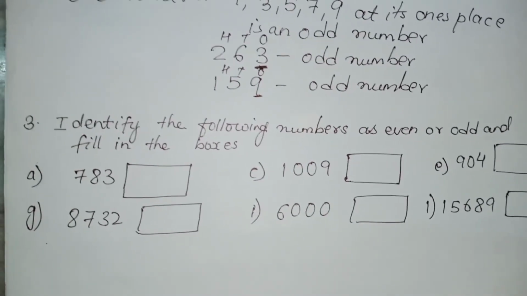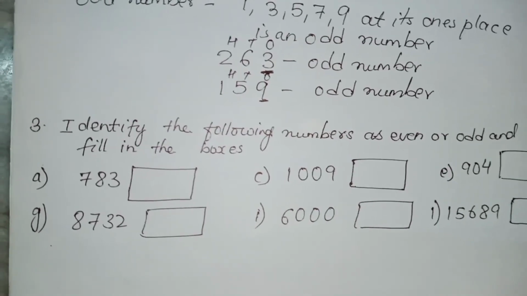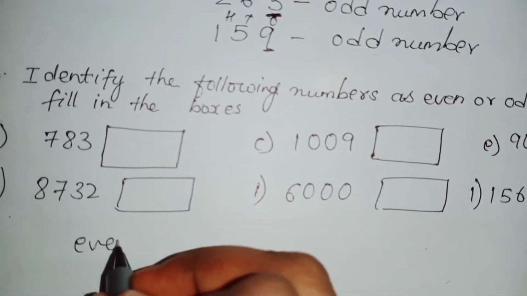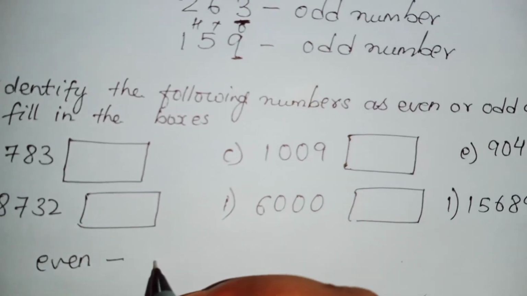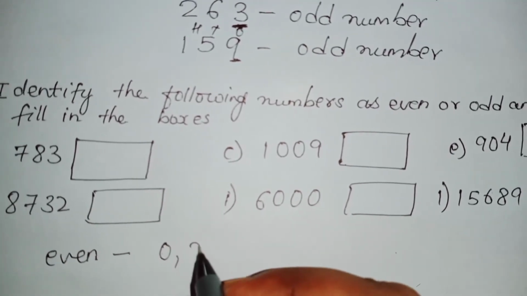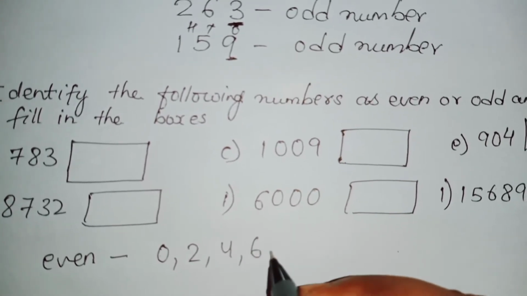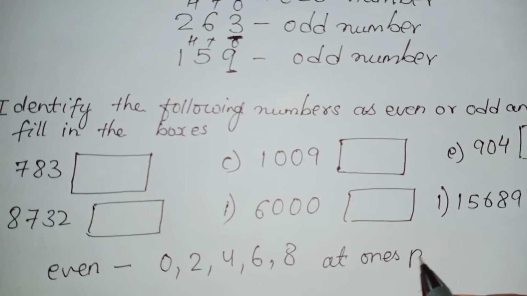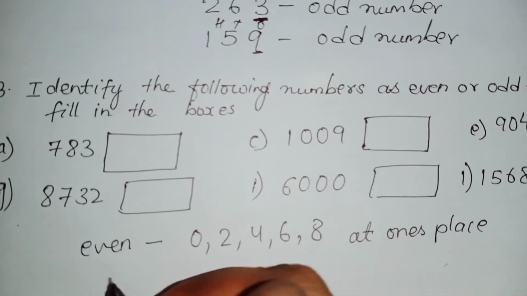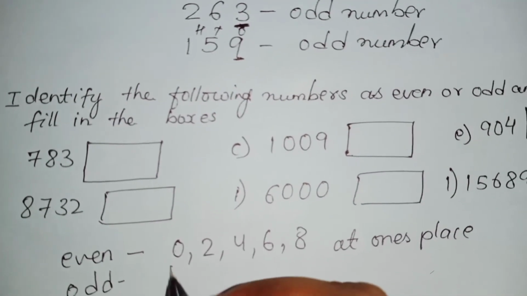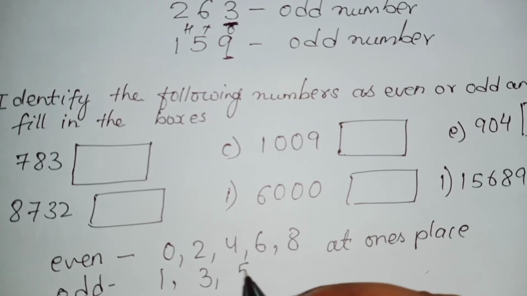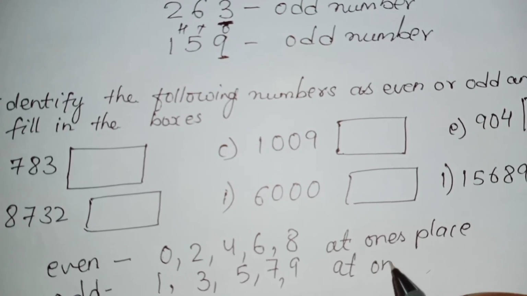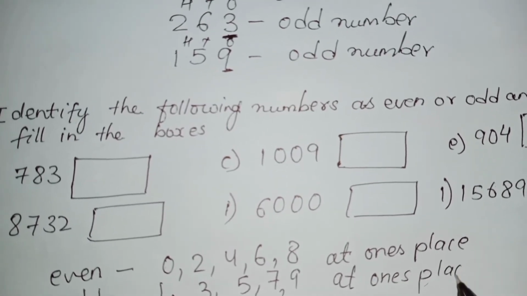Let me write here so that it becomes easy for you to understand. For even, what do we have to see? 0, 2, 4, 6, 8 at ones place. And for odd, we have to see 1, 3, 5, 7, 9 at ones place.